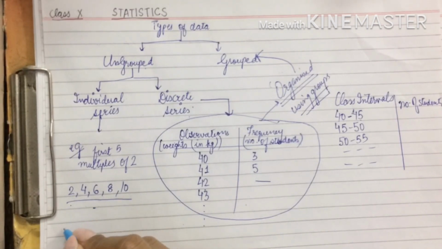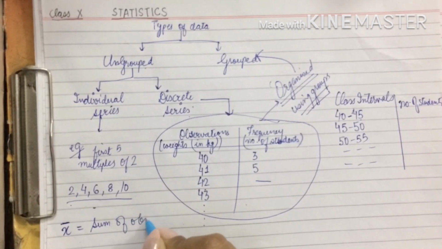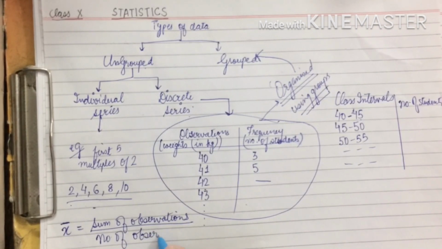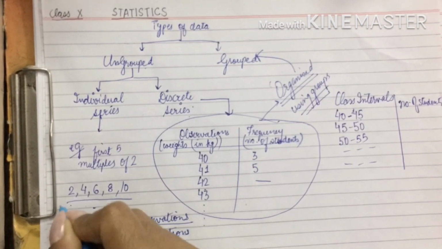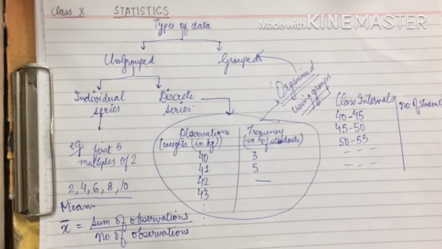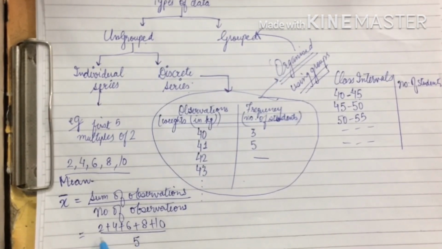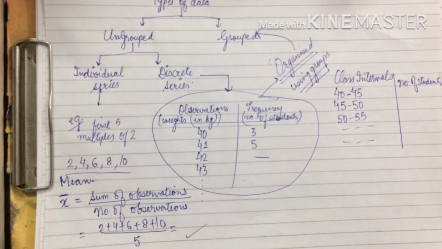So the mean, which we represented by x bar, will be given by sum of observations divided by number of observations. And you add the values. The sum will be divided by 5 because there are 5 values, and you obtain your answer.